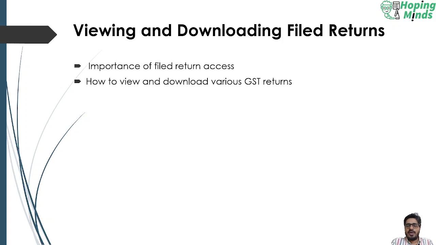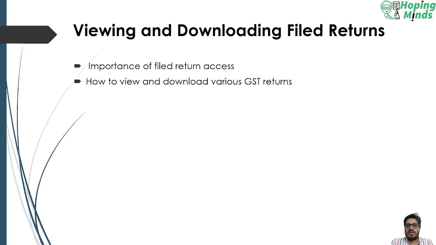Then we learned about what are the details that are required to be furnished in Form ITC 04. Details like challan number, challan date, then description of goods, HSN, quantity and other such details are required to be declared in Form ITC 04.